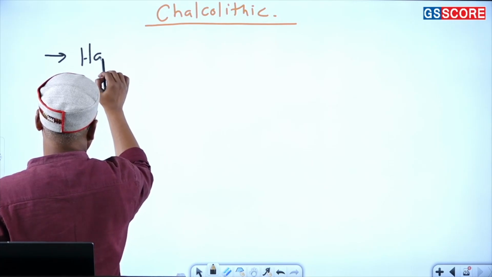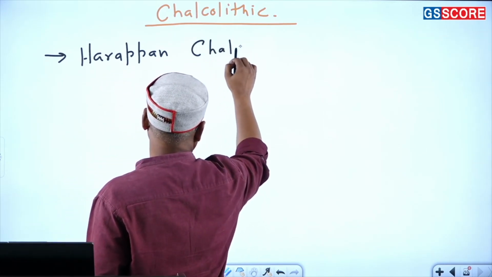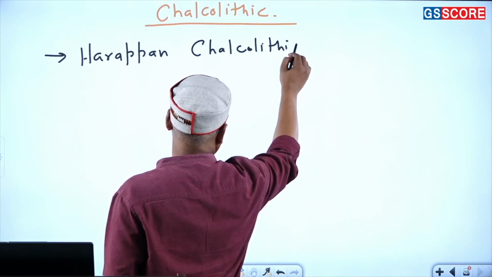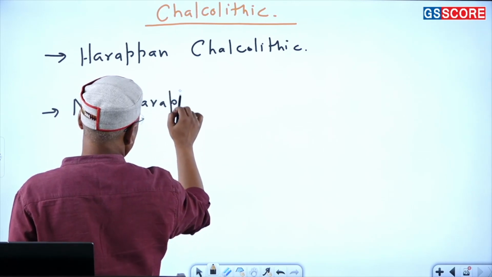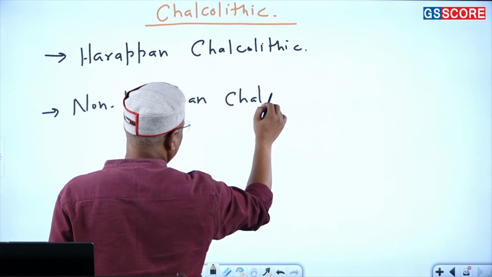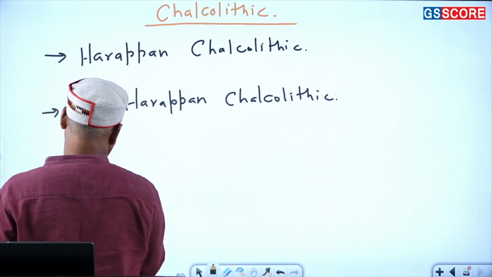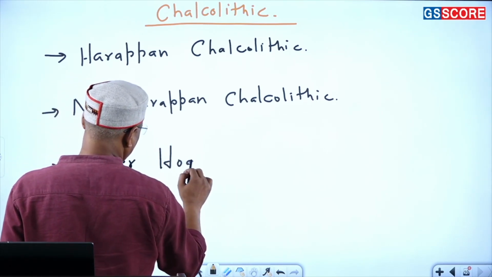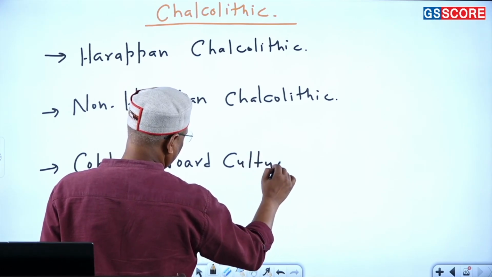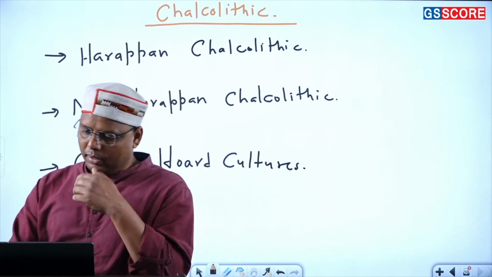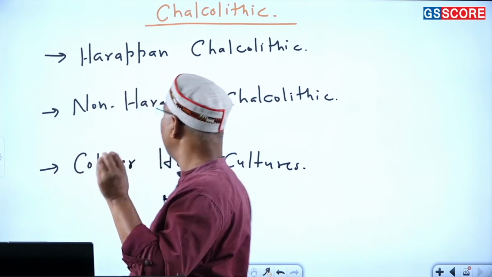There is one Chalcolithic that must be called Harappan Chalcolithic. Another one is known as non-Harappan Chalcolithic. And then there was one more which is known as Copper Hoard cultures. So when it comes to Chalcolithic, what you need to remember is there are three different kinds of Chalcolithic cultures in India. Fine. One by one, let me tell you their significance.